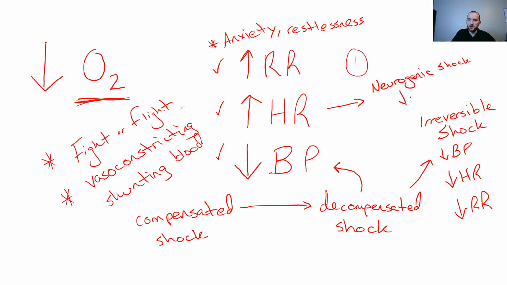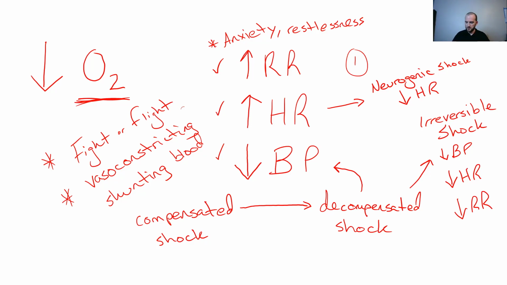It's the one type of shock where the heart might not actually get the signal that it needs to pump faster, right? Because of that central nervous system trauma, right? The heart might not get the signal that says we need to go pump faster to try to circulate this oxygen. Right? So if you're reading a scenario, you're like, okay, altered mental status, hypotension, we've got this trauma emergency that happened, right?